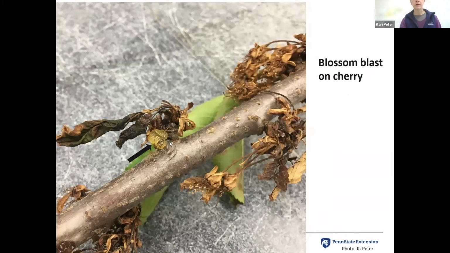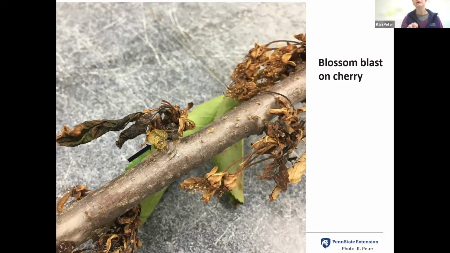And so this is just an up close. I'll mention something in a minute, but I wasn't too concerned for this grower because we see the blossom blast here, the dead blossom, but the infection didn't move into the wood. So the years where the infection would move into the wood, then you need to worry.